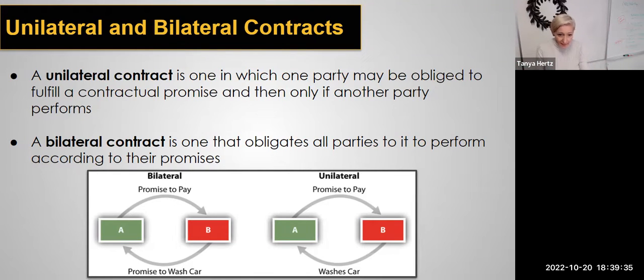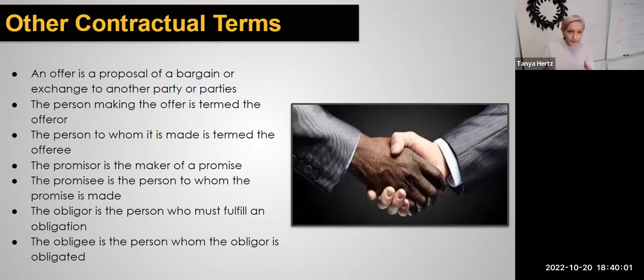So an example of a bilateral would be a promise to pay someone in exchange for a promise to make a sandwich, right? A unilateral contract would be a promise to pay in exchange for making that sandwich. No promise to make that sandwich, right? Hopefully that's somewhat clear. It's the promise for a promise or just the promise for the service itself, right?